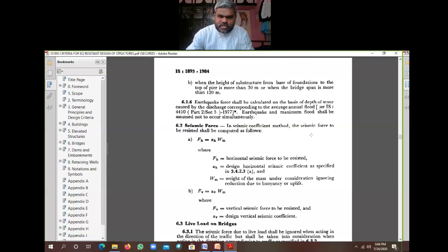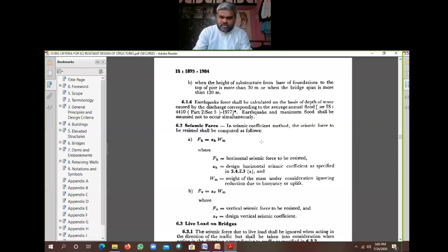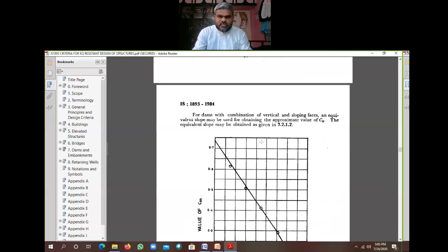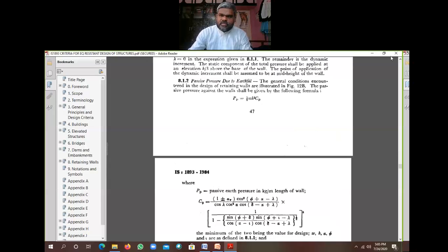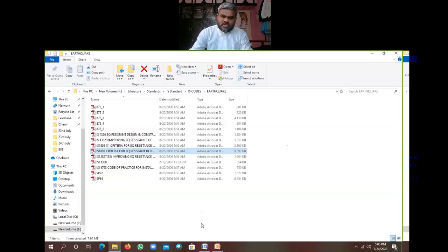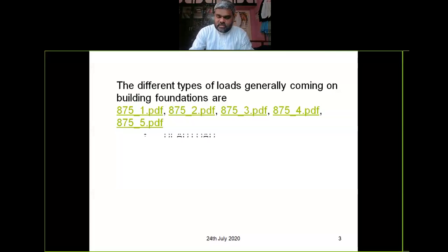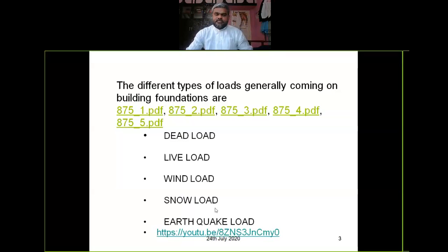In the seismic coefficient method, the seismic force to be resisted shall be computed as follows. Right, okay, friends. Likewise, we will calculate all loads, which are taken from different code references and cumulatively taken for calculation of different loads.